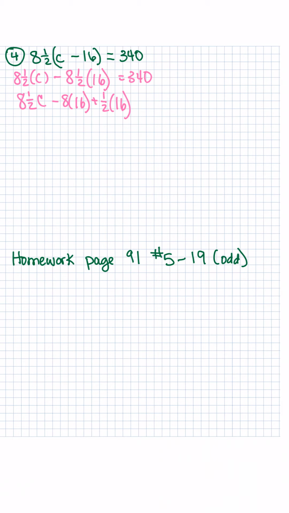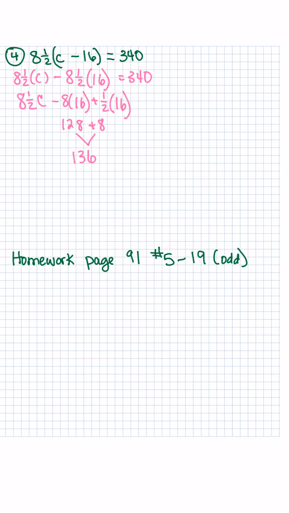Because 8 plus 1/2 is 8.5. So 8 times 16 is going to get us 128. And then 1/2 is actually like saying 0.5. But if you think of what half of 16 is, it's going to be 8. So we add those two together, and that equals 136.